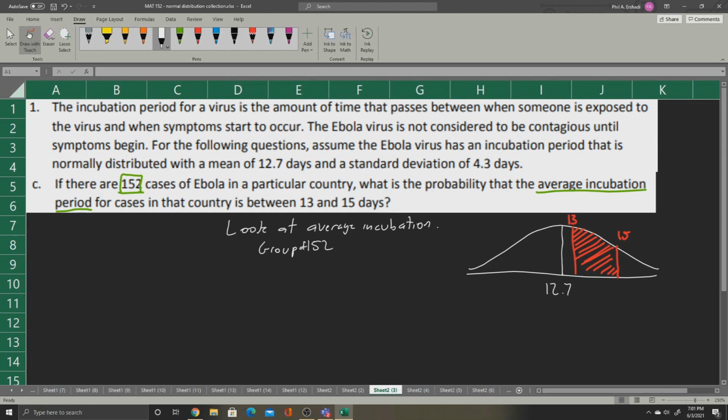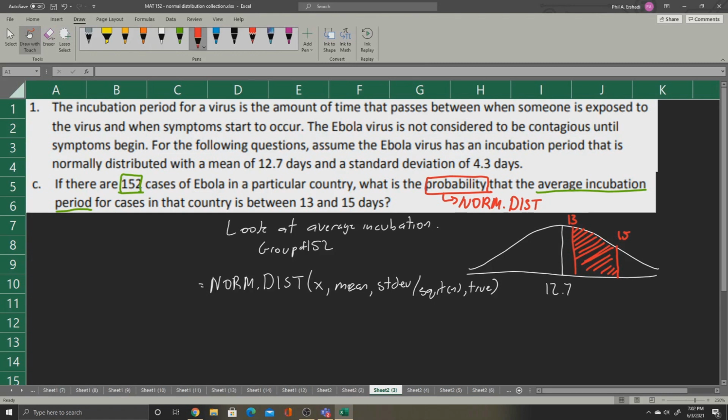Once again, we're looking for probability, and anytime you need probability, norm dist is your first stop. So we'll say equals norm.dist, x comma mean comma standard deviation divided by square root of n comma true.